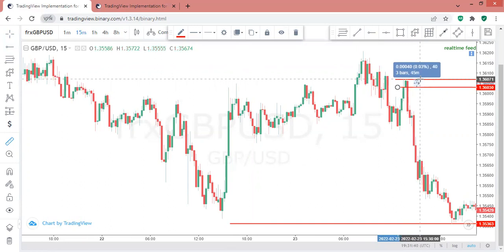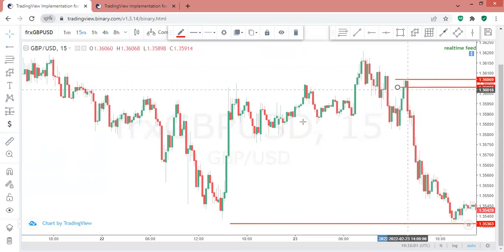This is 38 pips. Yeah, 38. This is just 38 pips compared to the 262 pips that we were looking at before. Now we are still going to streamline this.